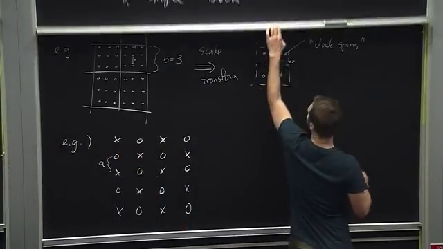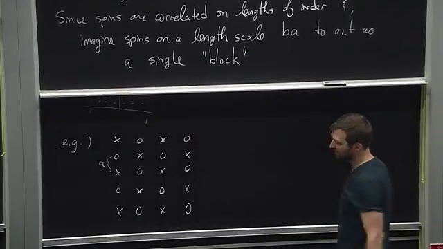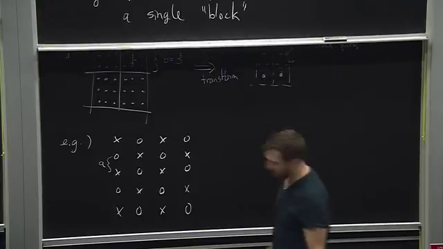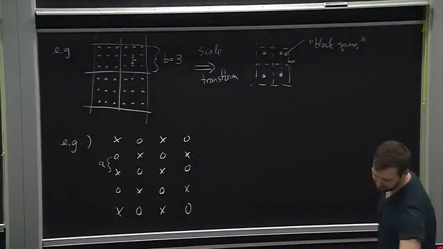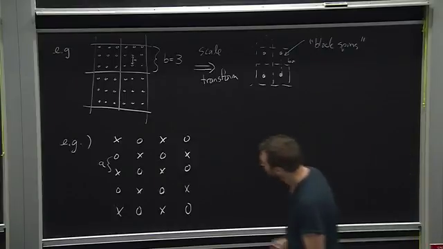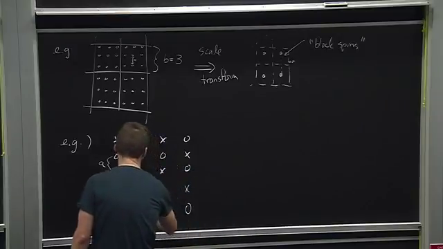And imagine doing a block transformation where my new unit cell would be something like, I want to trace out O's, or say X's. So imagine what I'm left with are spins that are going to be interacting like this.